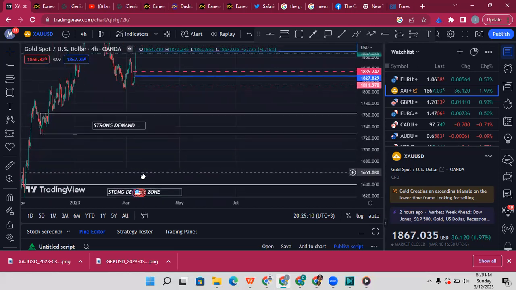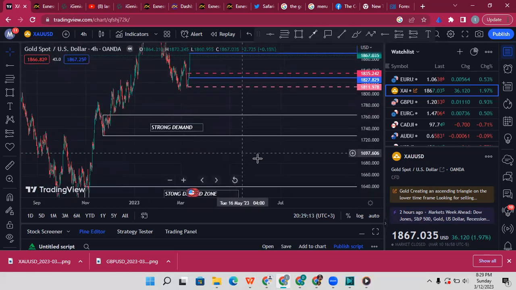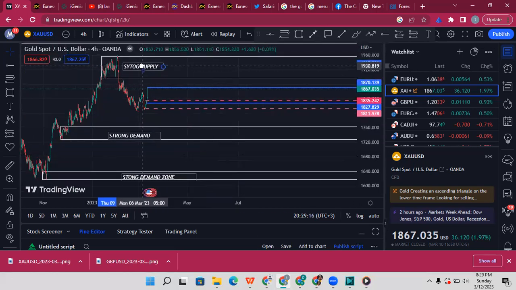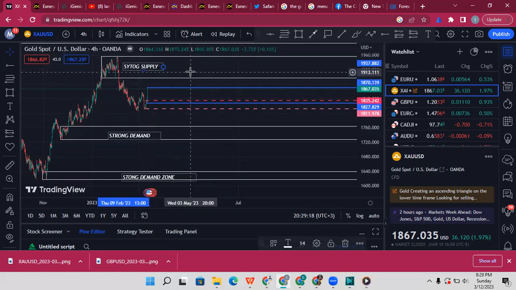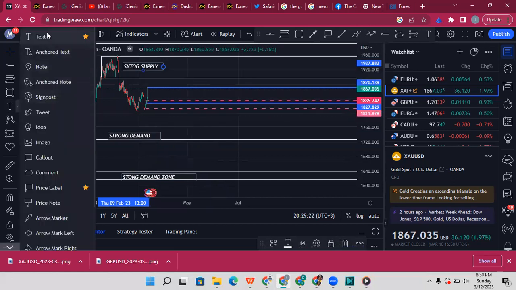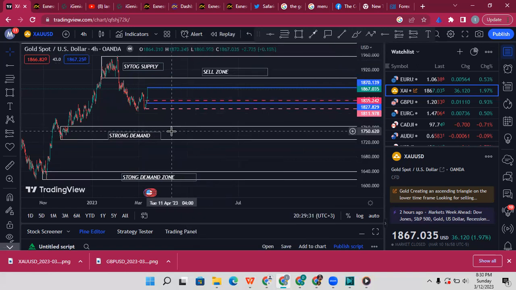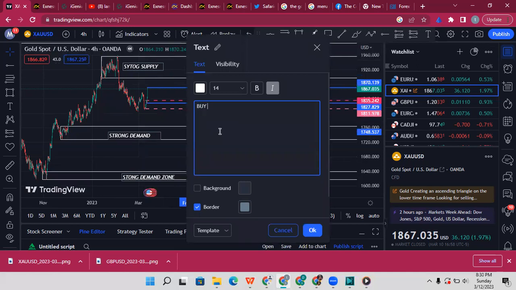So in a nutshell, just to make it simple for the people who may not understand this: when I say strong supply, I mean when price gets into this level, I'm looking to be selling. This is a sell zone. When price gets into this level, I'm looking to buy.